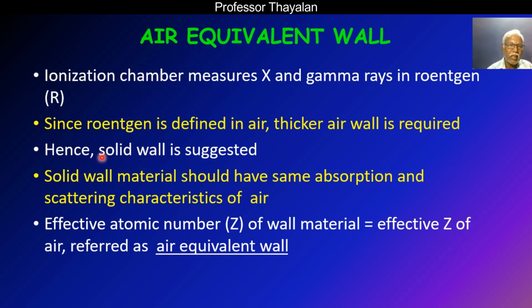In that case, there are two conditions to be satisfied. The solid wall material should have the same absorption and scattering characteristics as air. This is one condition. The other condition is that the effective atomic number of the wall material, the solid material, should be equal to the effective atomic number of air. If these conditions are satisfied, then the wall material is called an air equivalent wall.